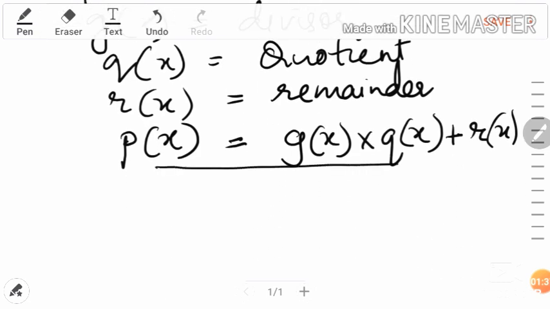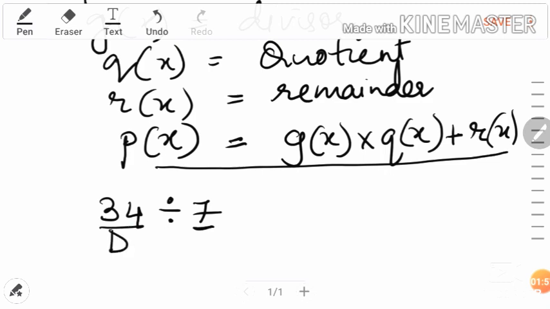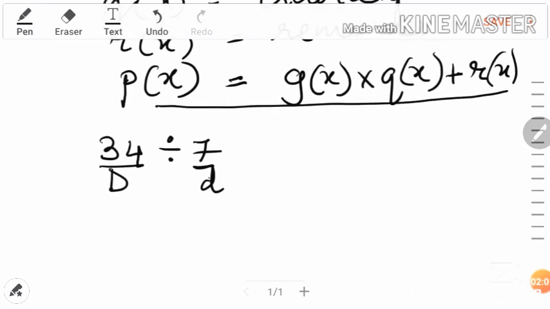Remember, this is the same expression that we can write with numbers. For example, if I divide 34 by 7, then 34 is the dividend, 7 is the divisor. So for two numbers, 34 and 7, there will always exist two more numbers such that we can write dividend is equal to divisor into quotient plus remainder.